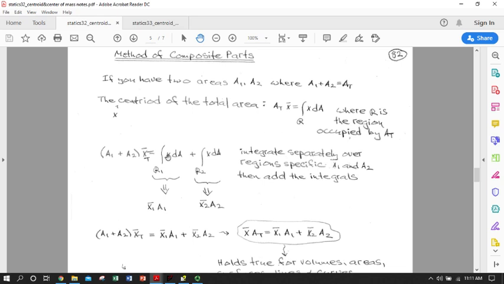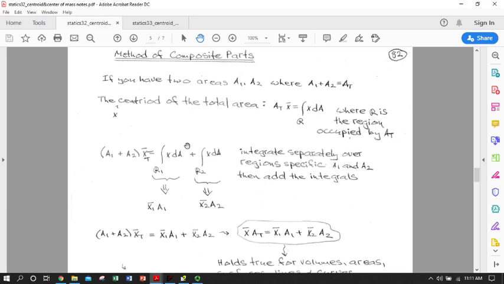Fundamental property of integration. So the integral over a region that extends over A1 plus A2 can be written this way: I can break that up into an integral with the same integrand over just the region corresponding to A1 plus an integral that integrates over a region that's specific to A2. So this is the sum of the integrals.